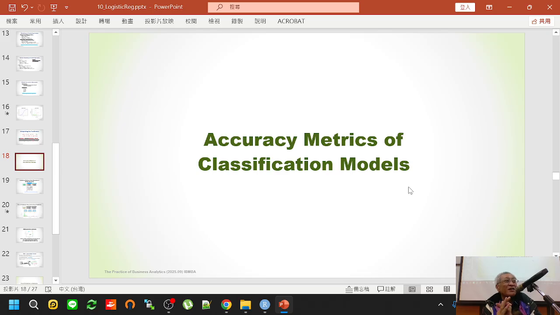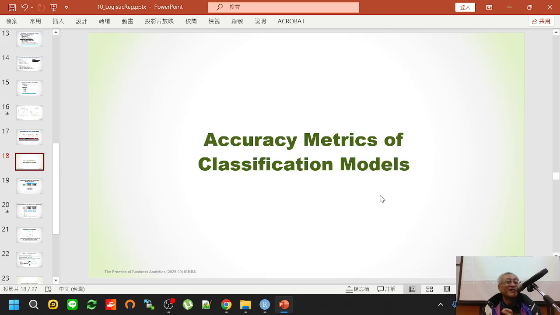When we classify a binary variable, we are actually estimating the probability associated with every class, the probability associated with y equal to 1 and with y equal to 0. So a classification model is actually a probability model.